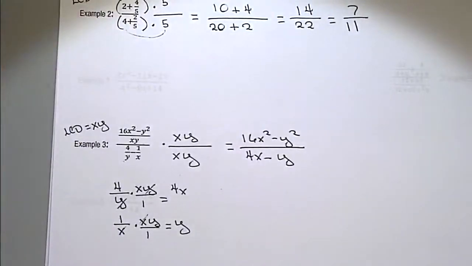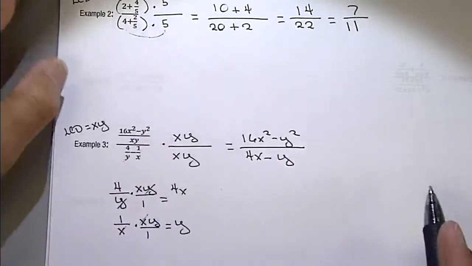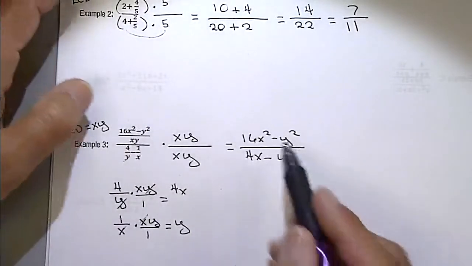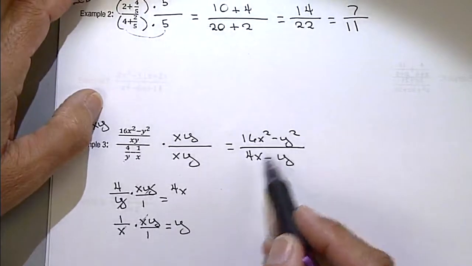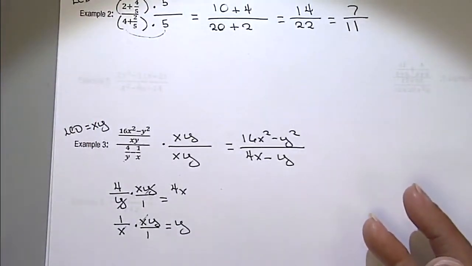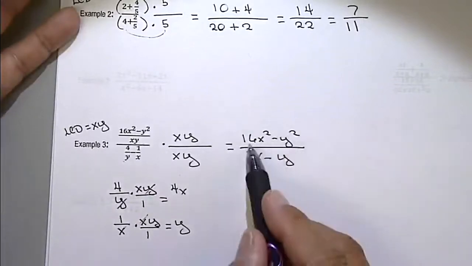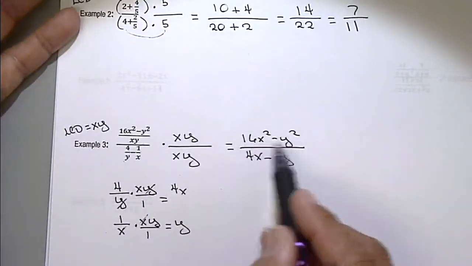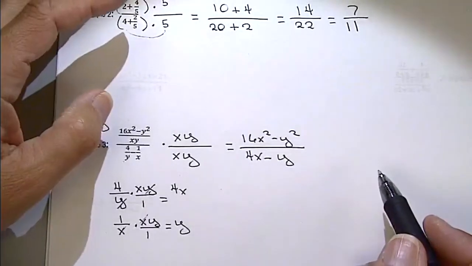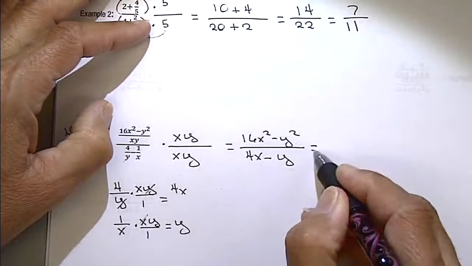It's what we were doing on the previous page, right? I know, you're going to have to go through it more than once probably. I understand that. Okay, now what have I got? Well, I've got 16x squared minus y squared over 4x minus y. I might be able to reduce it, but the only way I'll know is if I factor it. Do you see anything special about this numerator that can factor? I mean, how would you factor the numerator here? Difference of two squares, good.